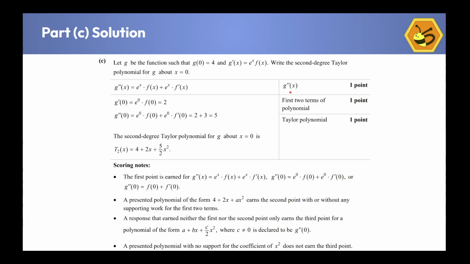So 1 point for the second derivative, 1 point for the first two terms, and 1 point for the Taylor polynomial. So here are some scoring notes.